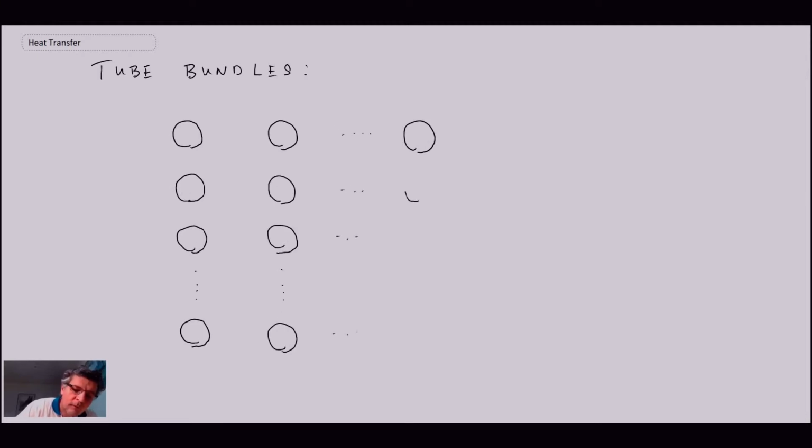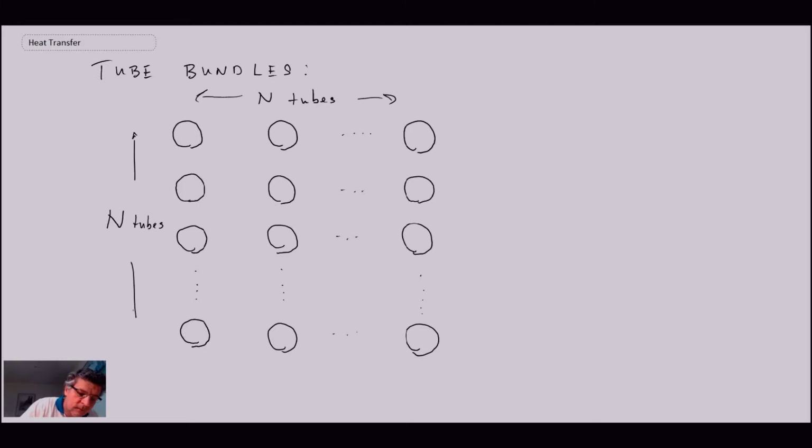So taking a look at tube bundles, typically we have N tubes horizontal. So that would be the number going in the horizontal, and we also have N tubes in the vertical direction. And consequently, this bundle would have N by N tubes.